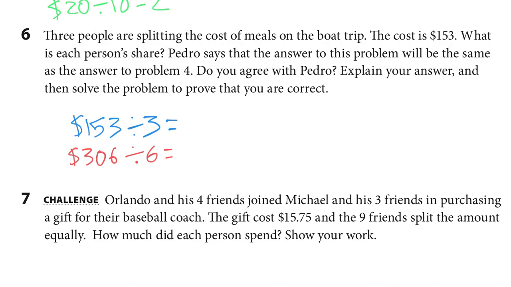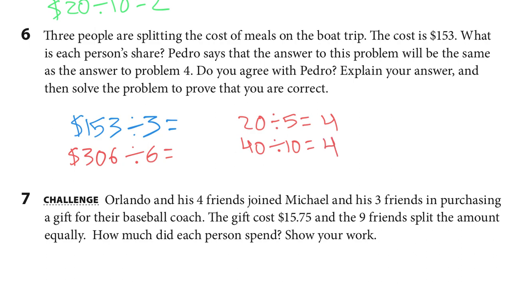I'm kind of thinking we should, but maybe we could use answers that we already know to prove that to be true. Now, you could work out the problem, that would be fine, but what if we took the problem that we said before, 20 divided by 5? We said that was 4. Well, let's double that and double that. How many 10s fit in 40? Well, the answer is still 4.